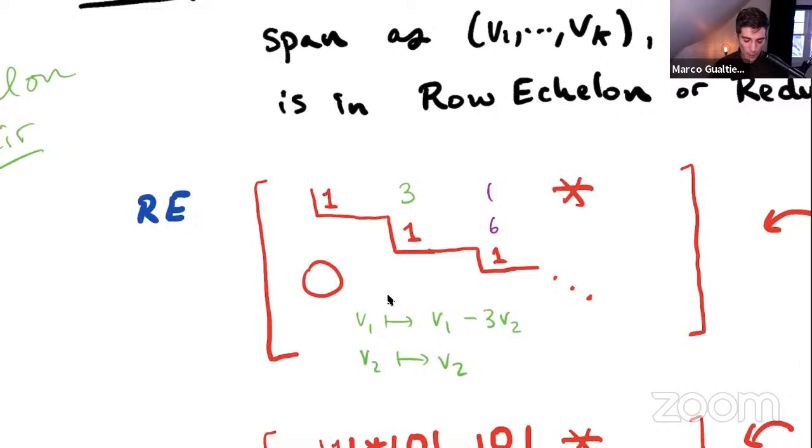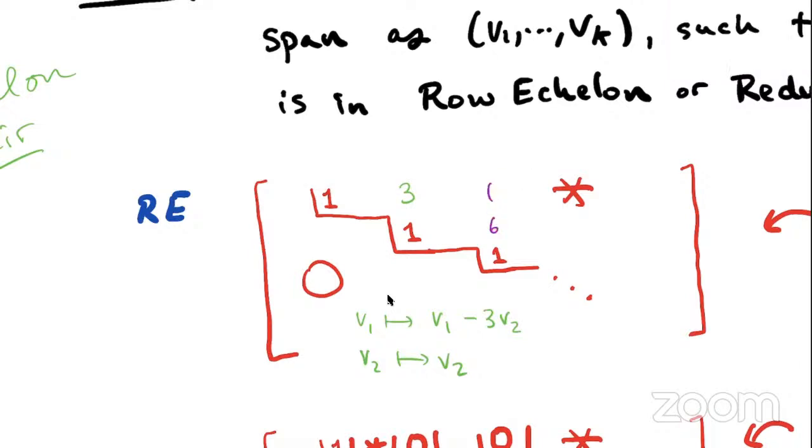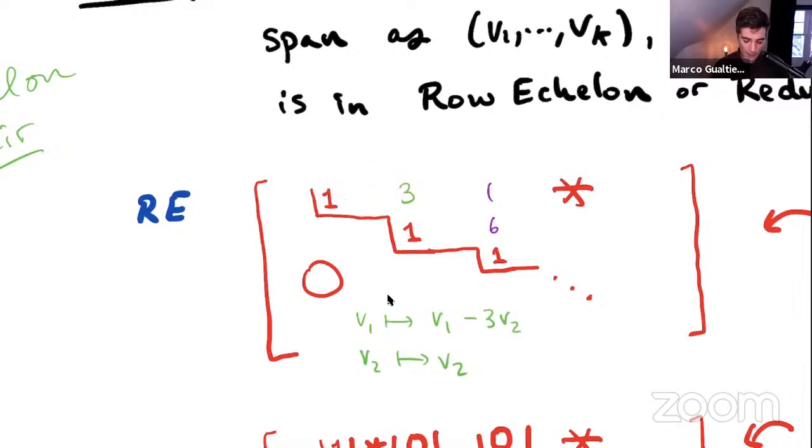When you clear this out, you're going to be subtracting, let's say, V3 from V1. But if you look at how that affects this column, V3 has a 0 value here, so this number will not change if you did this one first. So in other words, if I do it in the reverse direction, I know what the coefficient will be in my shear for this step in the reduction.